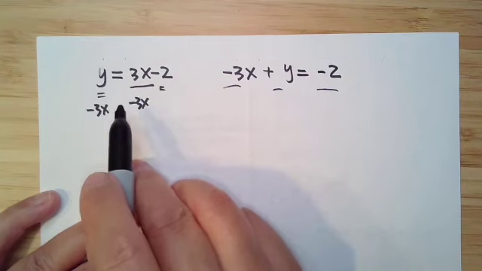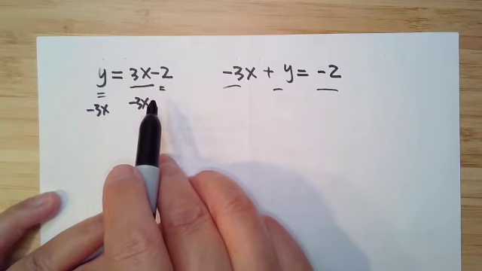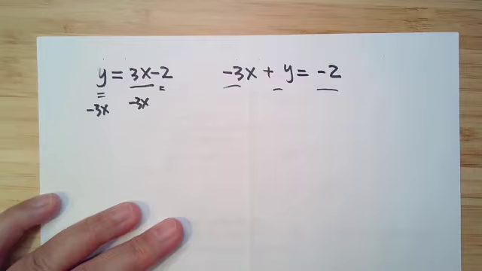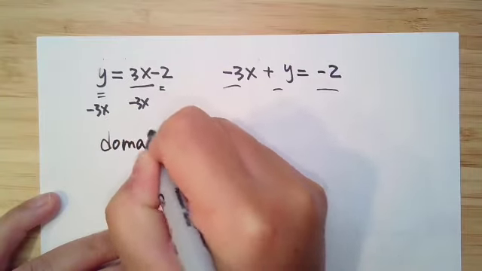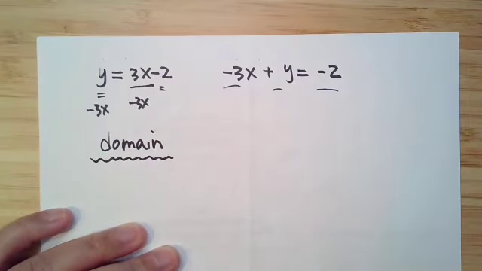So we know this is a straight line. Now, if I ask you to graph this, it looks like a linear equation. And one important thing about an equation is the domain. If we review a little bit, do you remember what a domain is?